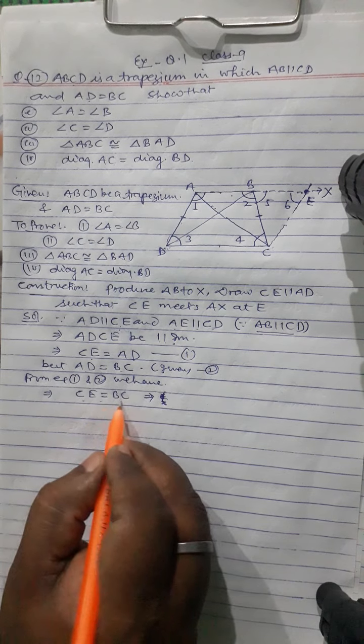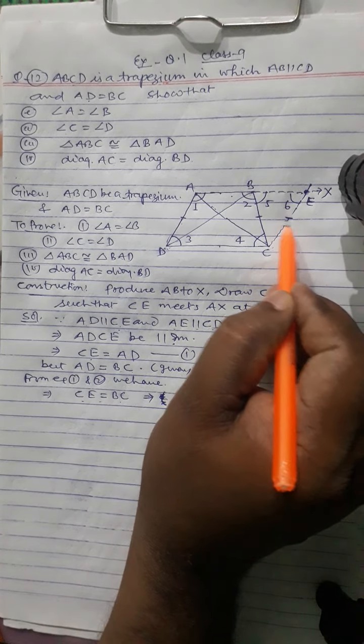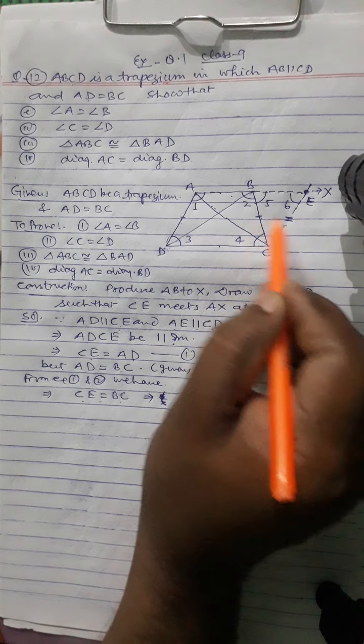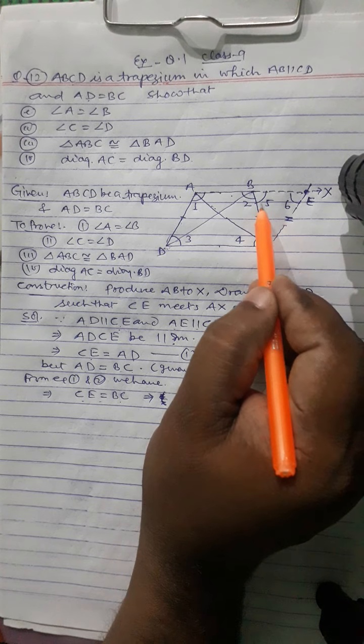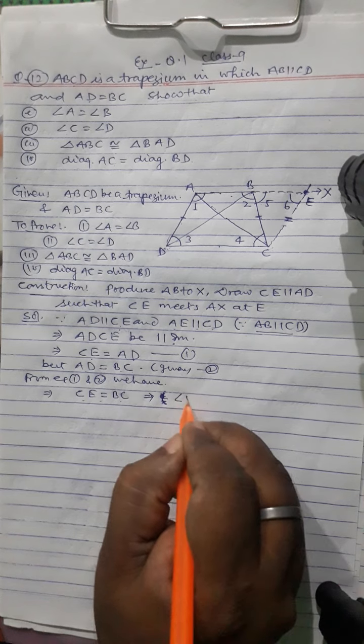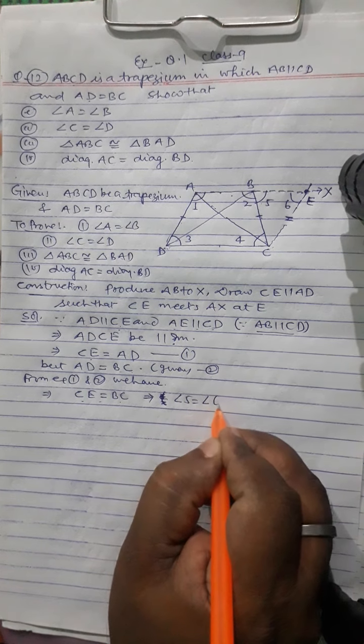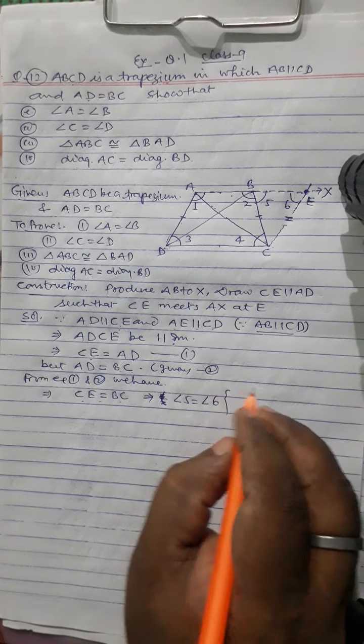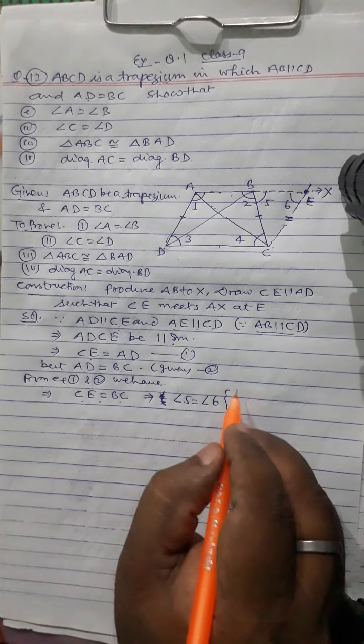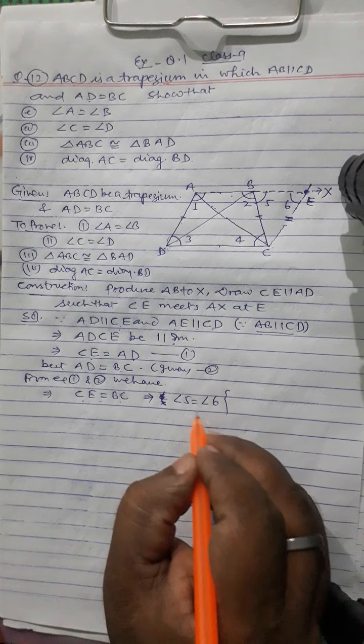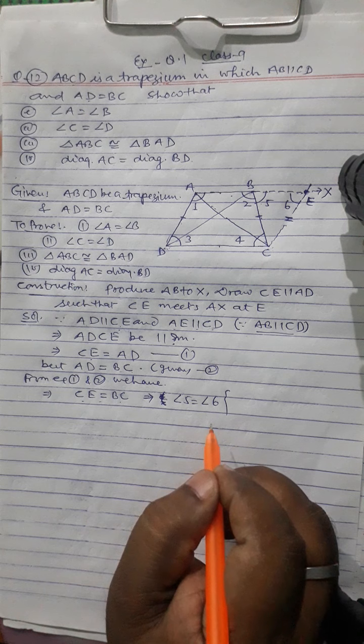If CE is equal to BC, therefore the angle opposite to CE, that is angle 5, is also equal to angle 6, because if sides are equal, then their opposite angles are also equal.